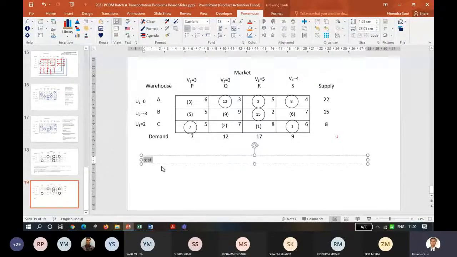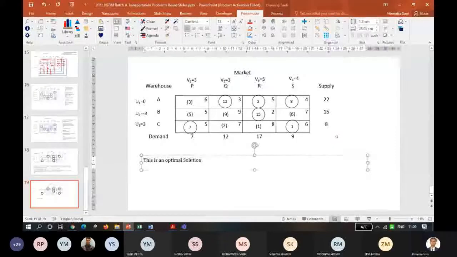So the solution obtained is an optimal solution.